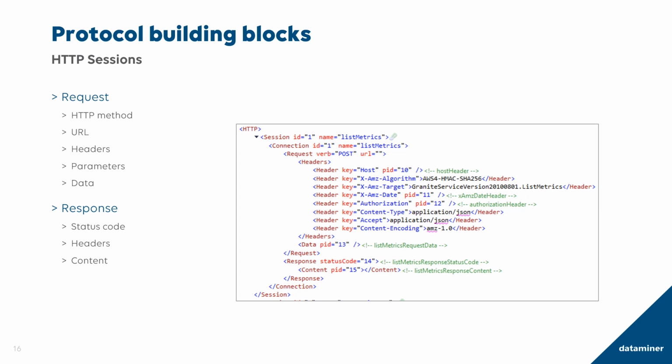Then for our response, of course, we cannot configure that much because we don't know what we will retrieve. Instead, what you can do is define parameters where the status code will be set and the response will be set. So whenever we execute something or send a request, when the response comes back, the body of the response will be set in parameter 15 and the status code will be set in parameter 14.